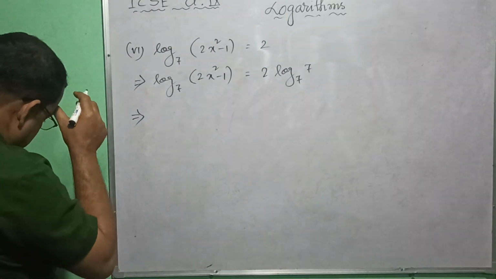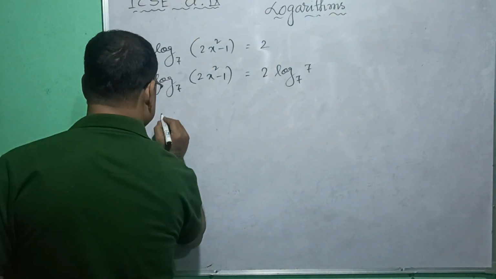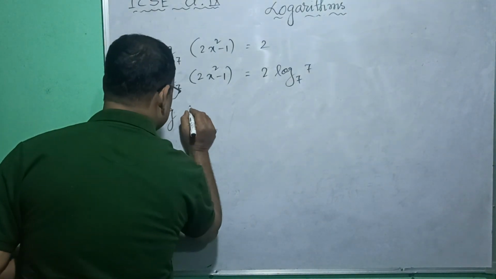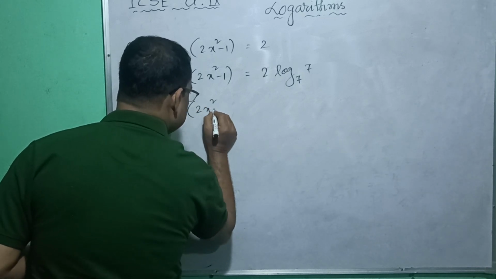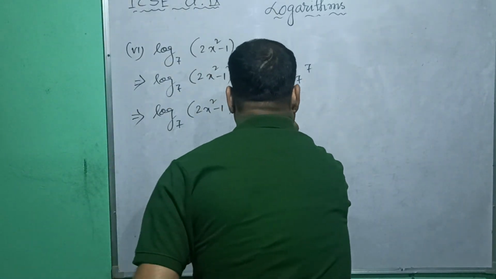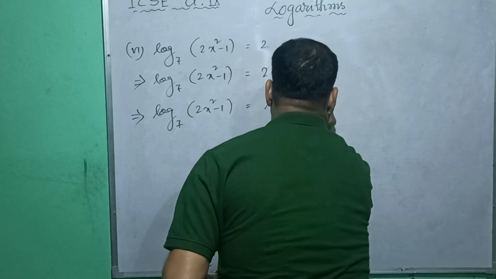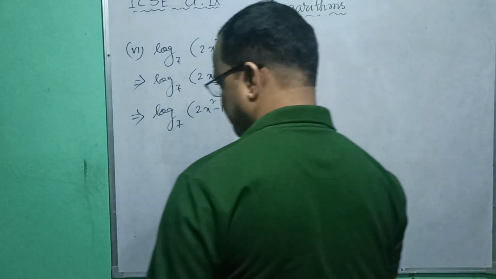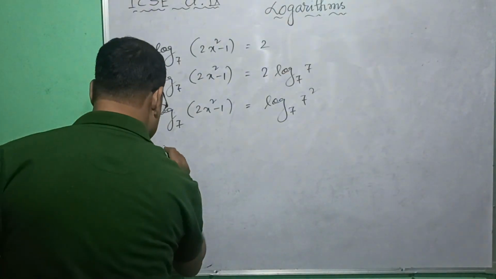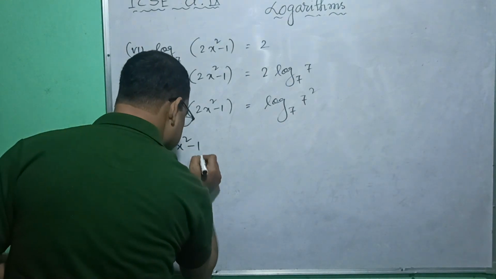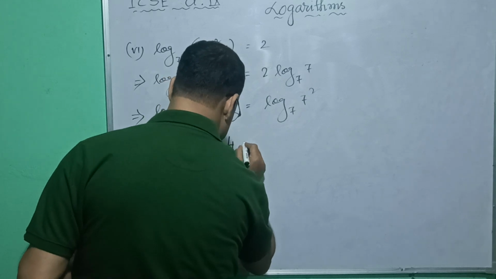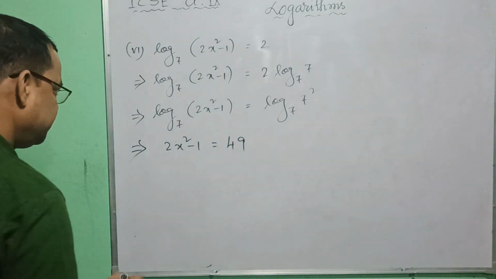Now we can write log 2x square minus 1 at base 7 equal to log 7 square at base 7. This implies 2x square minus 1 equal to 7 square, equal to 49. We remove the log from both sides.